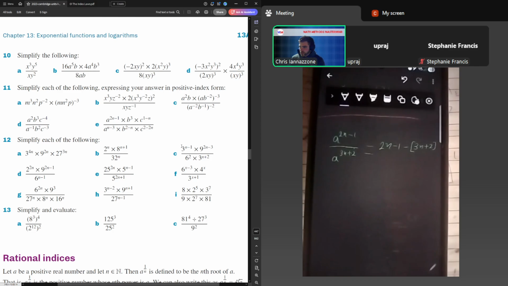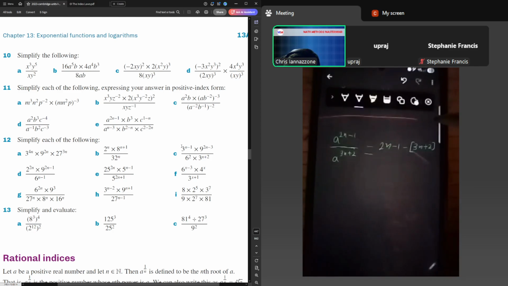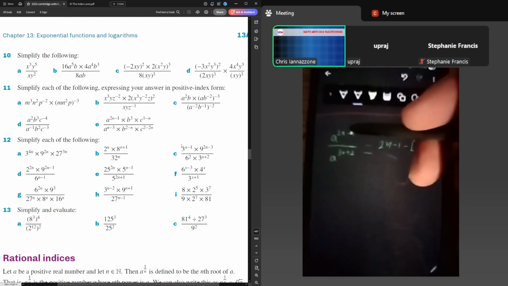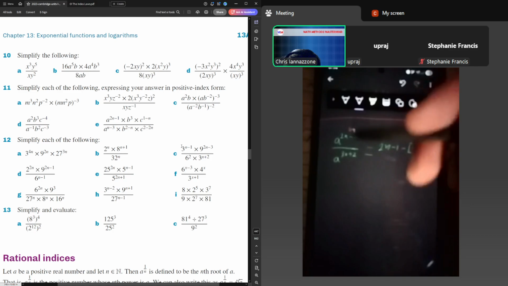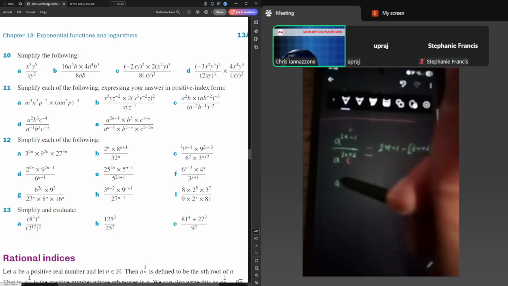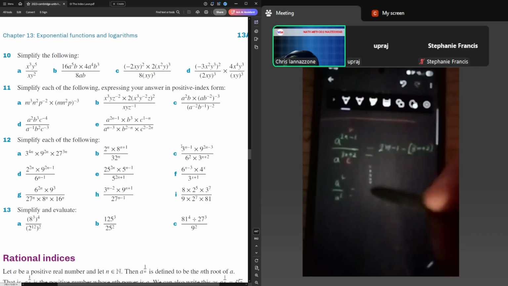The other thing that I've found could be useful for some people is, I know some of you like to do substitutions. It's going to be a bit heavyweight here, but I'll show you in case you're curious. If this is a nasty complicated thing, you can just call this thing b and this thing c. And so now you're just looking at a to the power of b over a to the power of c. That's very clearly just a to the power of b minus c.